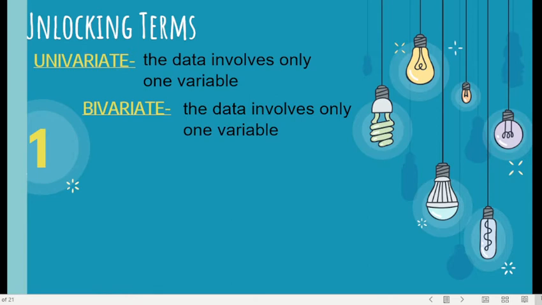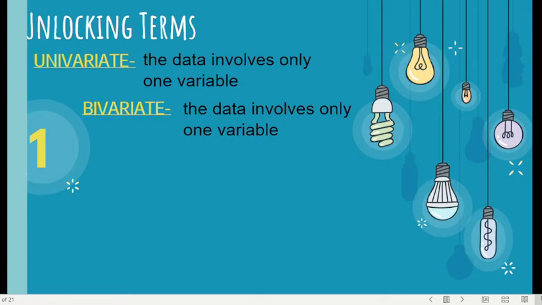But today, our lesson is about bivariate data, or data that involves two variables. It should be two variables. I'm sorry for the typographical error. So when you say two, the data involves two kinds of variable.